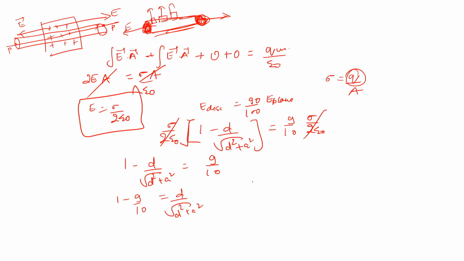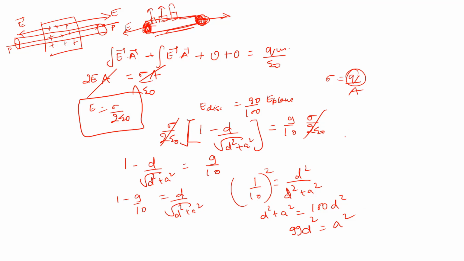This is 1 by 10 is equal to d under root d square plus a square. Squaring both sides, d square plus a square is equal to 100 d square. So it is 99 d square is equal to a square. So d is equal to a upon root 99. It is 25 upon root 99.